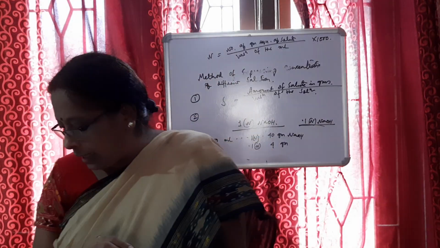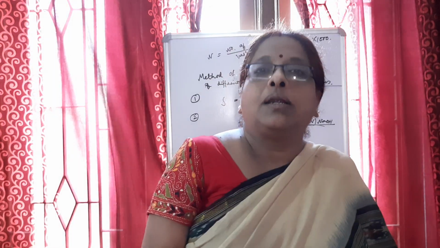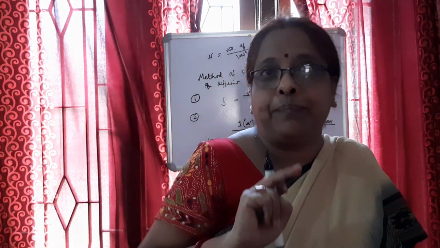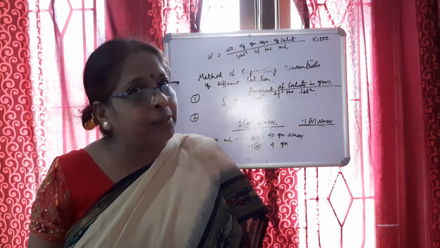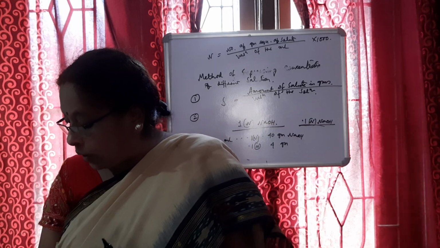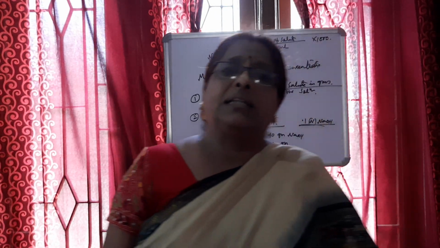Now similarly, number 4 is molarity. Now molarity is denoted by capital M. And molarity is when 1 mole of the solute is present in 1 liter of the solution, then the solution is molar solution.